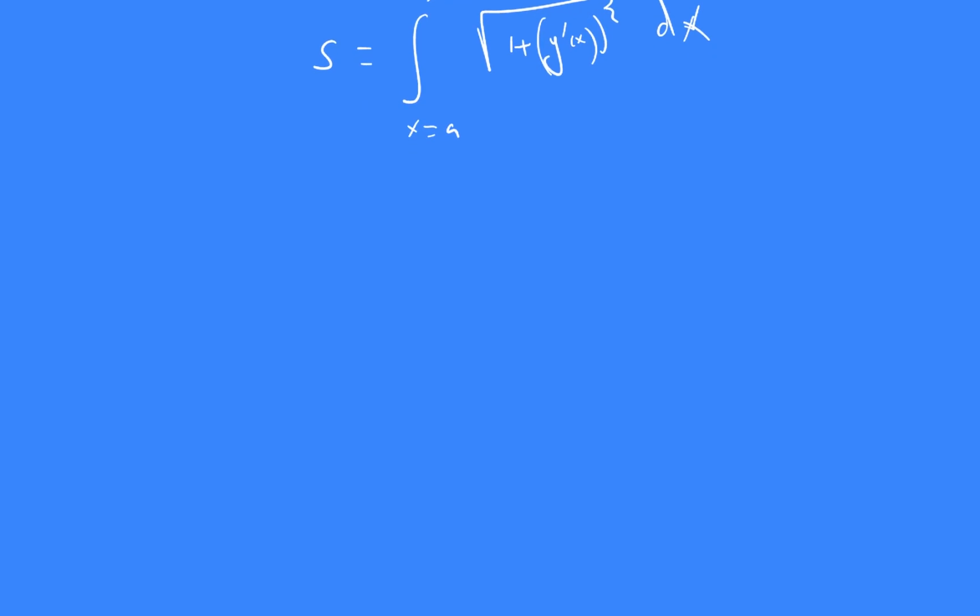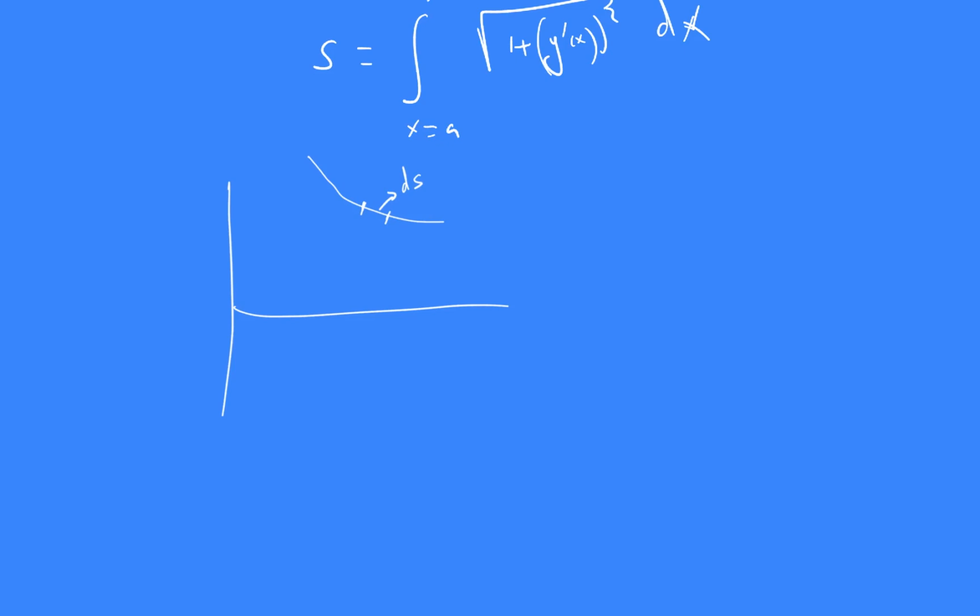And another application, to remind you, is the surface area of a curve. So let's remember the surface area of a curve. I have the curve, I have the ds, the ds that I already found.